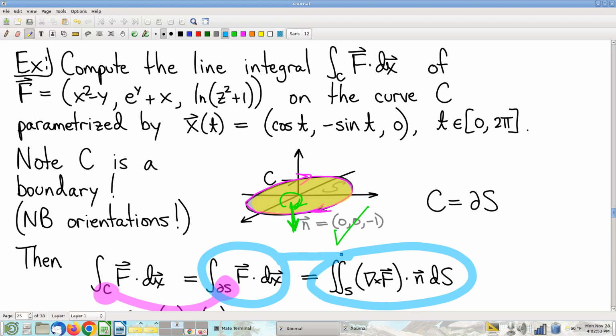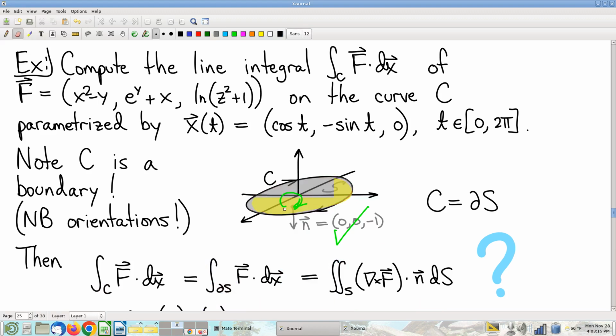And now we've transformed our question from a line integral question into a flux integral question, and now it's just a question of how are we going to compute this flux integral. And I'm going to say it's all downhill from here, and we'll do those details. But before I get to that, I want to make sure everybody's happy with how we turn this into a flux integral. Okay, all right. So, what to do with the flux?